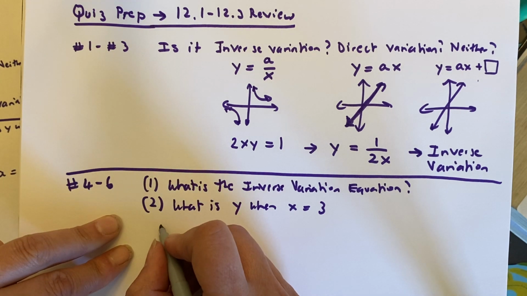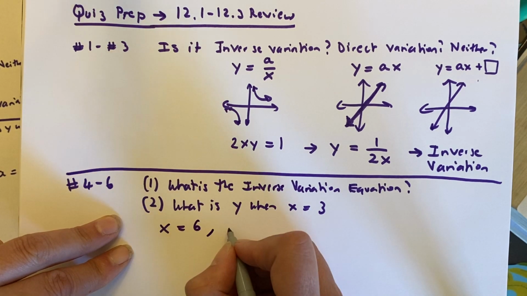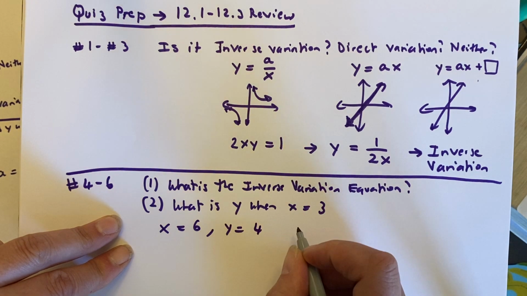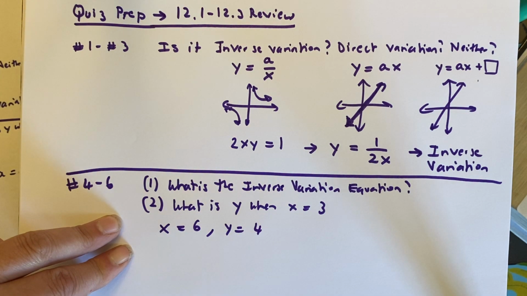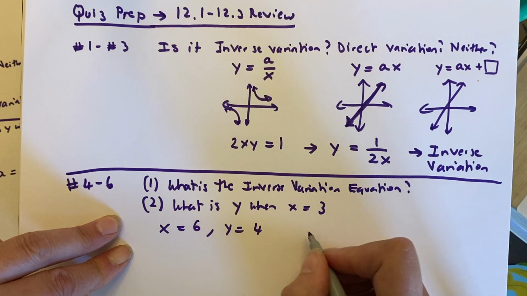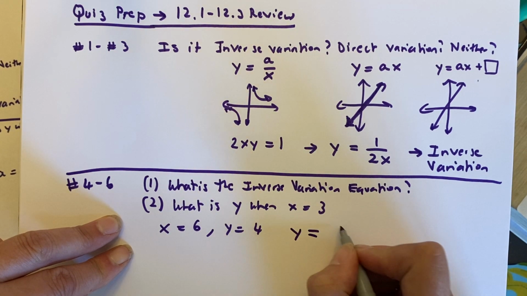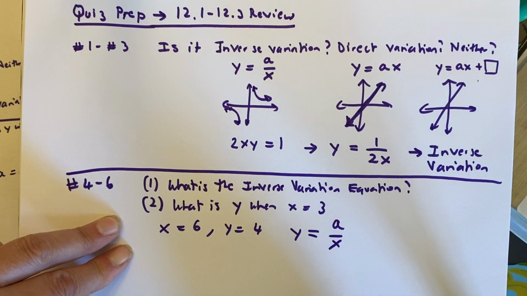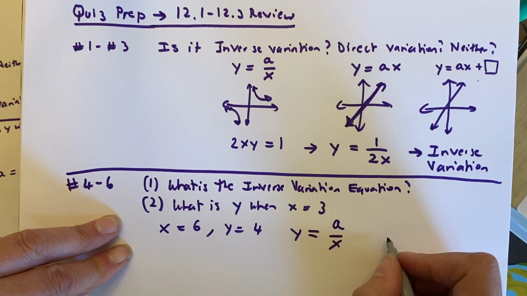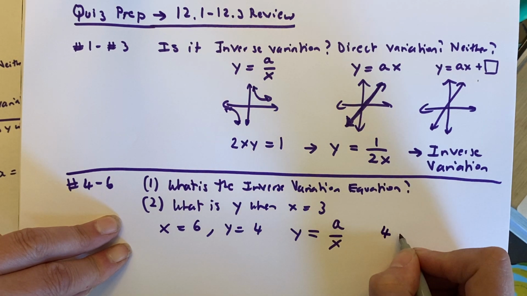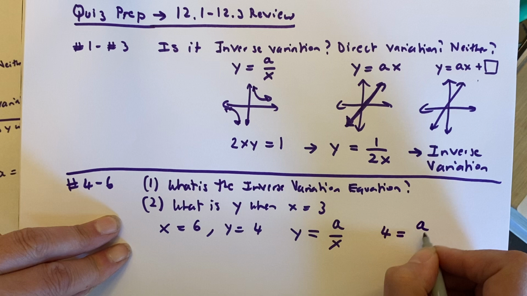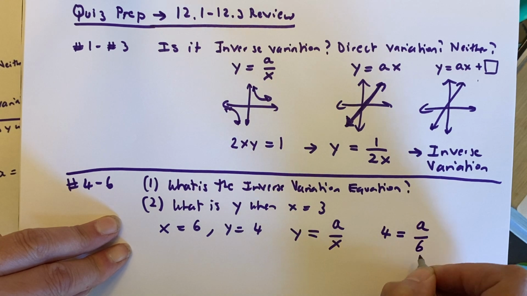Here's an example. If x equals 6 and y equals 4, and we're told that we're talking about an inverse variation kind of equation, so we know that the governing equation is y equals a over x, then we will use x and y to solve for a. 4 equals a over 6.